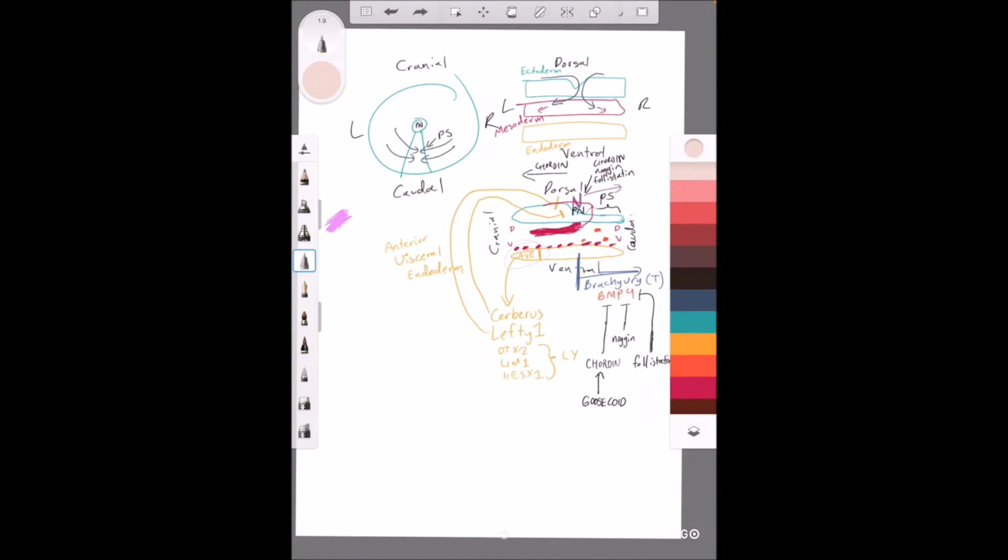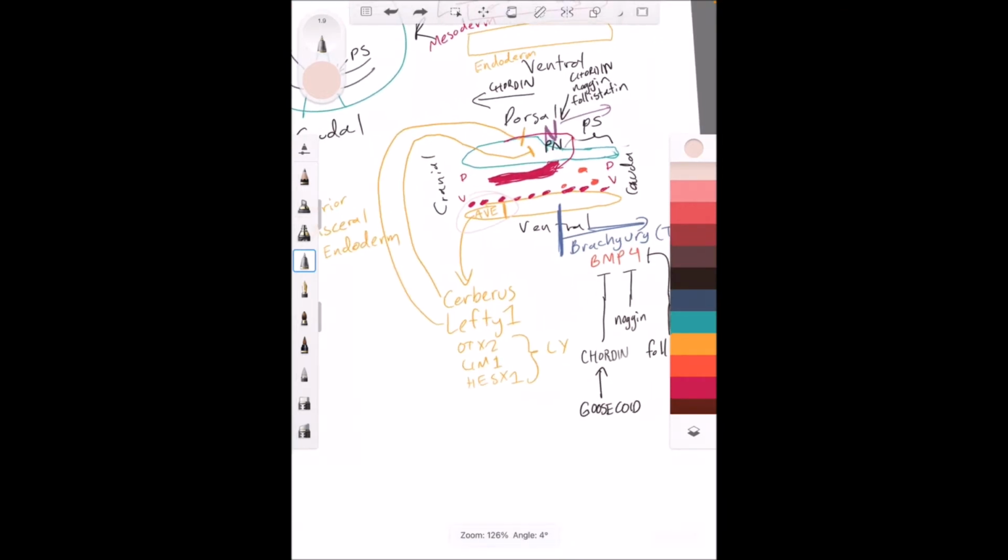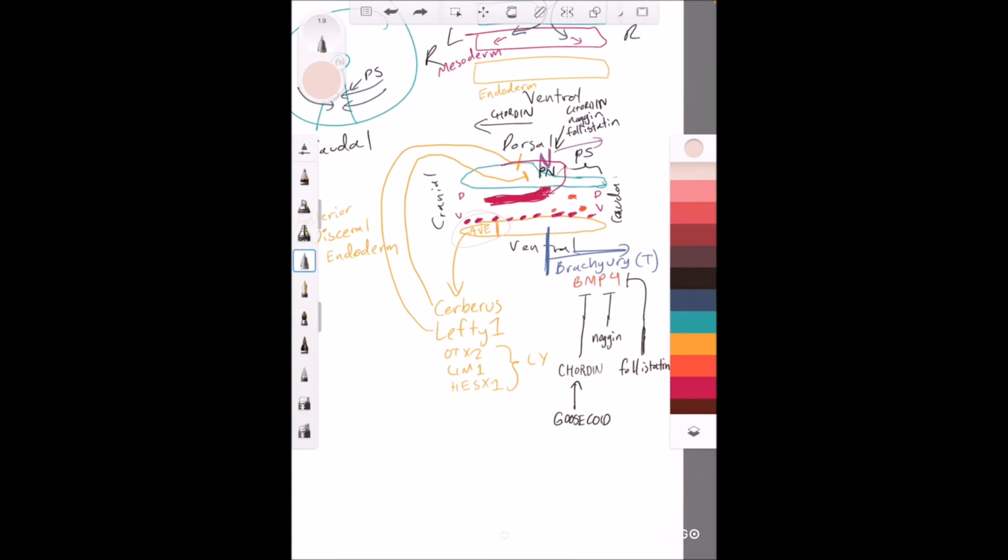Another thing that we need in order to make heads is we also need this BMP4 to be off, so that we can make a notochord, so we can make the spinal cord and everything. And where does that come from? Well, when we're ready to start dorsalization of the mesoderm to make the notochord, we'll turn on goosecoid, which will then turn on chordin, which then turns off BMP4, which allows the notochord to form.